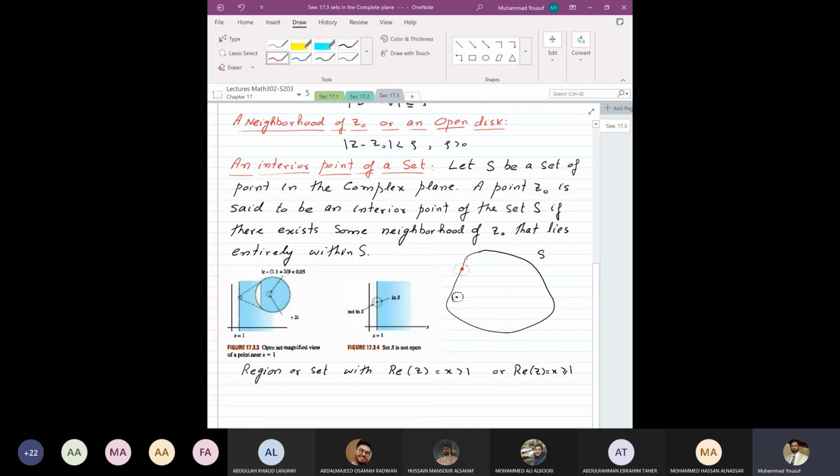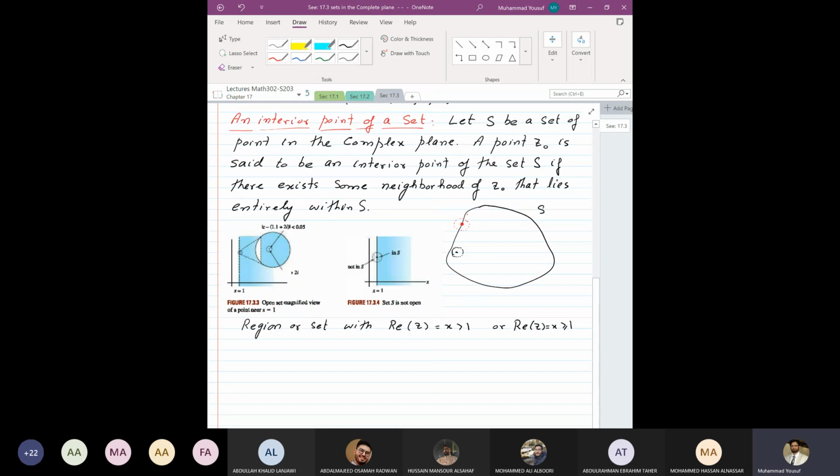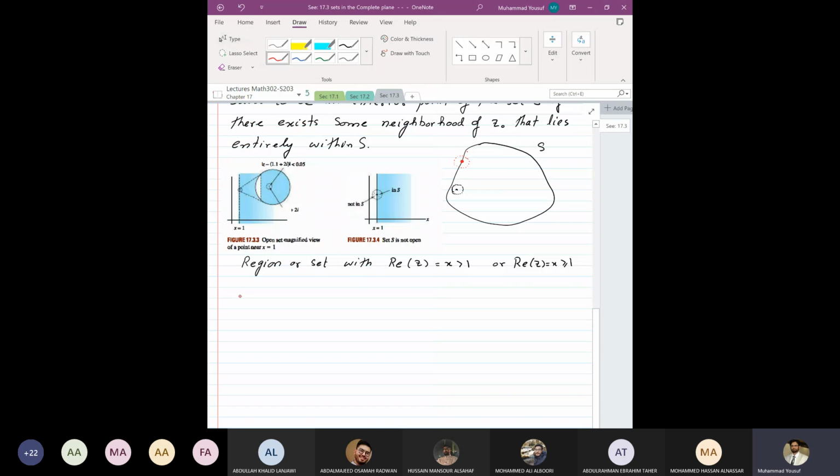First of all, we have written a definition of open disk, and then interior point. Now open set.